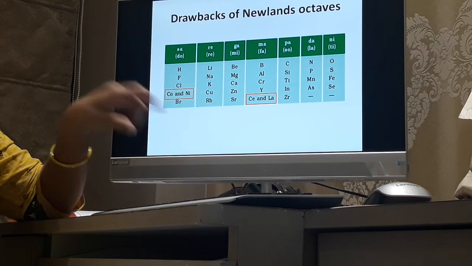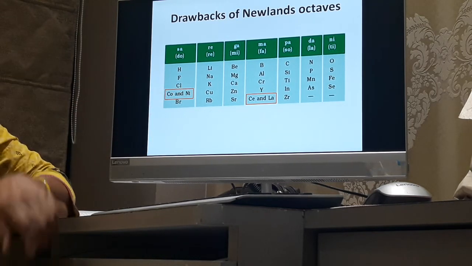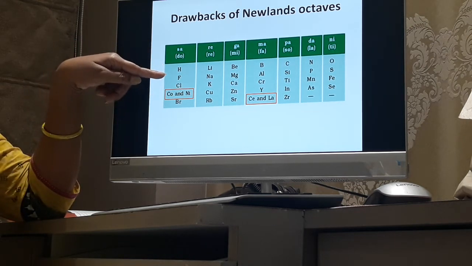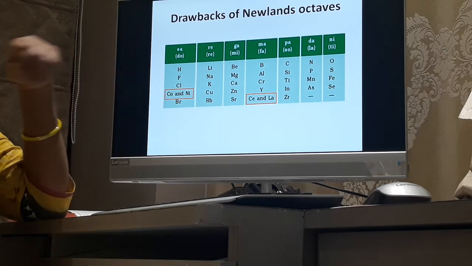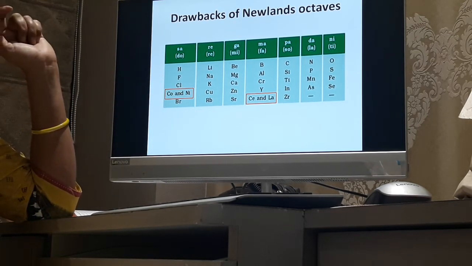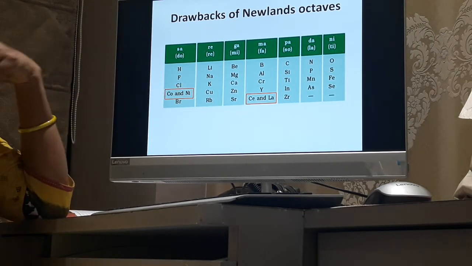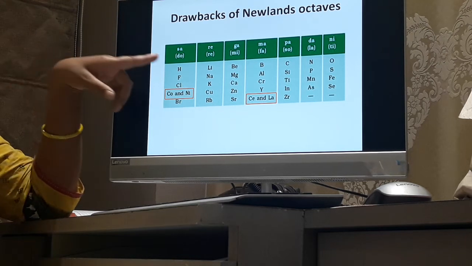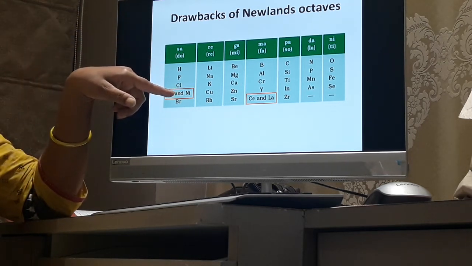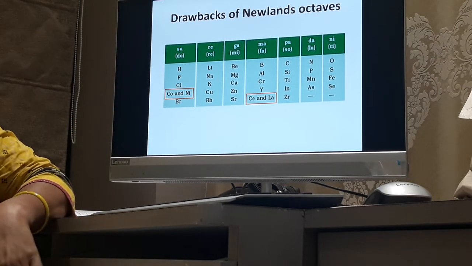Cobalt and nickel are occupying the same place, and if you see the table, hydrogen, fluorine, chlorine and bromine. As we all know, fluorine, chlorine and bromine are halogens. Then cobalt and nickel will not have similar properties to halogens, and yet they are coming in the same place.